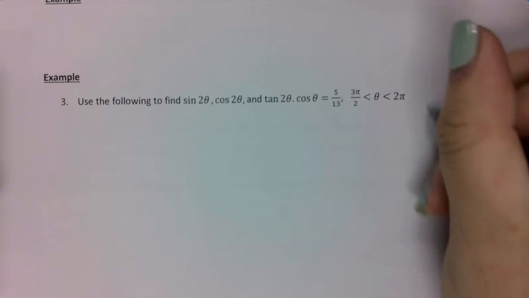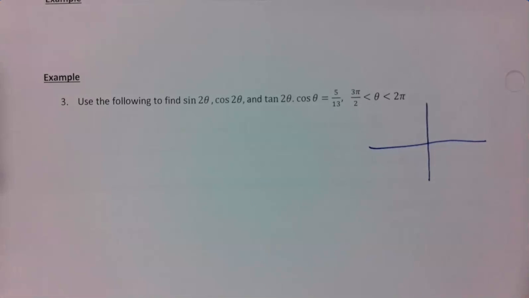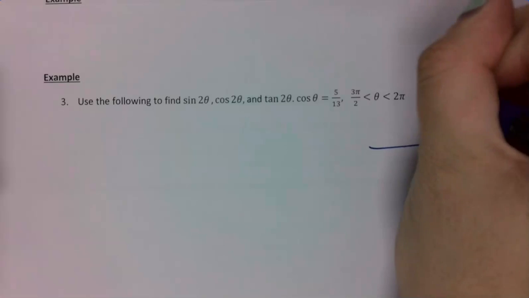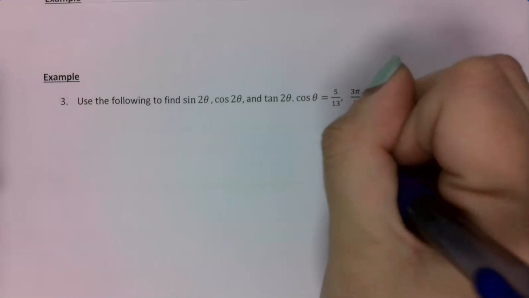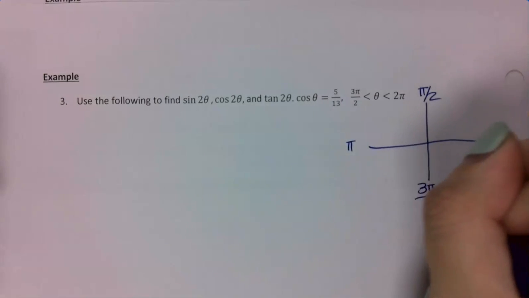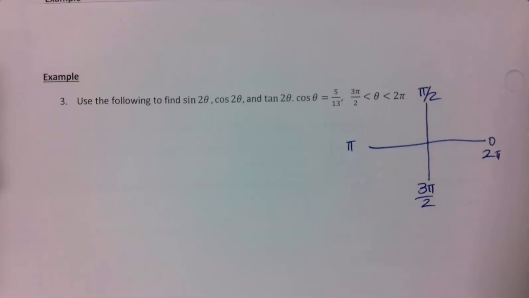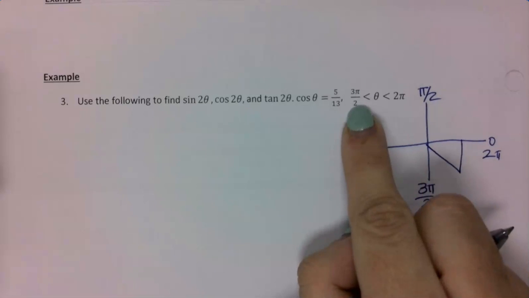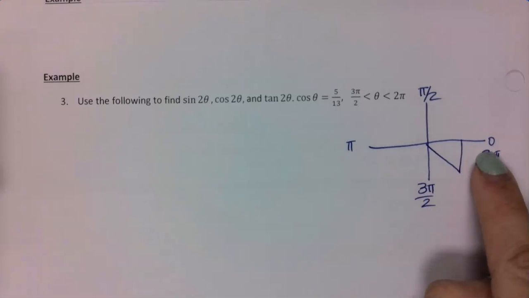Which quadrant is this in? 4. Okay, and then how do I label my triangle? It told me it was in between 3 pi halves and 2 pi.